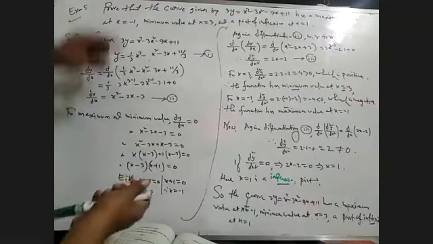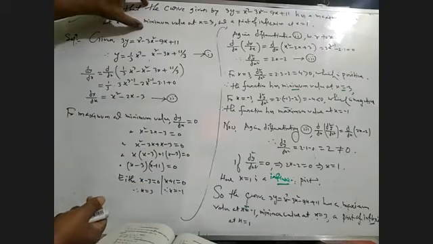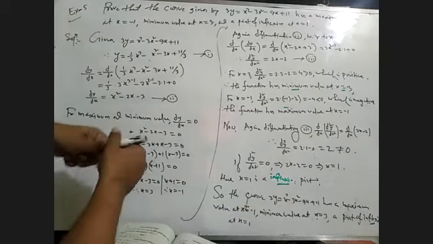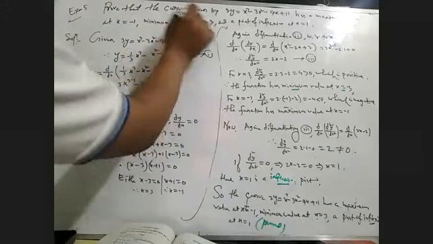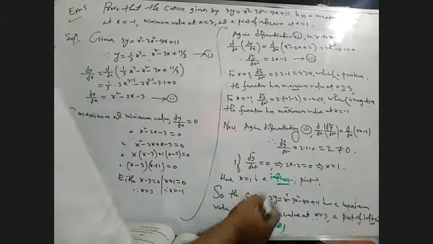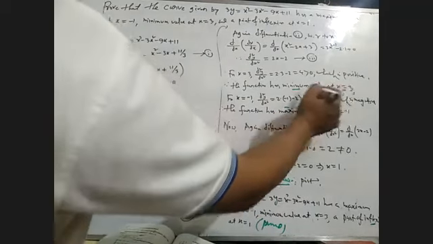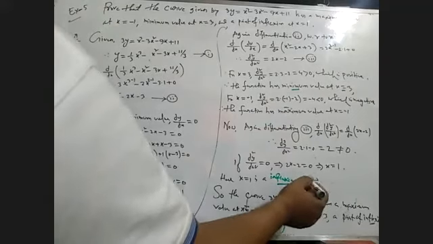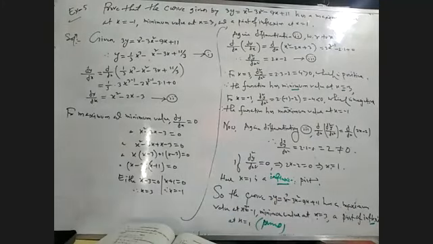Remember this. So that means the curve has a maximum value at x equals minus 1, a minimum value at x equals 3, and an inflection point at x equals 1. This is proved.